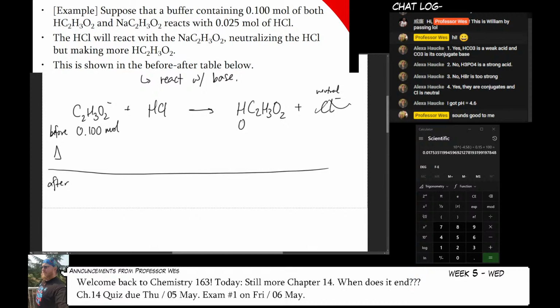I also have this many moles of the conjugate weak acid. I don't have any HCl in there because I haven't done anything with it yet, right? Now, my change is going to be I'm going to add this many moles of acid in there.